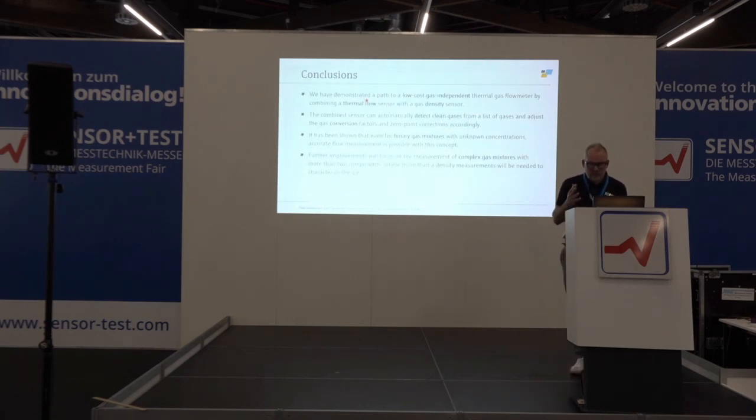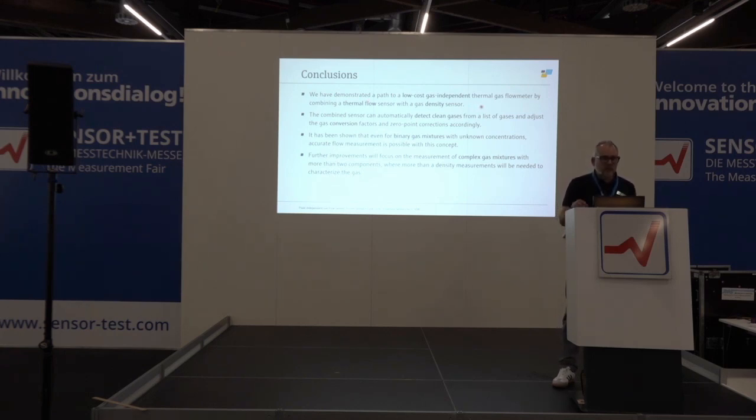So I come to my conclusion. We have demonstrated a way to come to a low-cost thermal flow sensor which is independent from gas composition. It can detect clean gases quite well from a list of clean gases you give it, or you can choose binary mixtures.